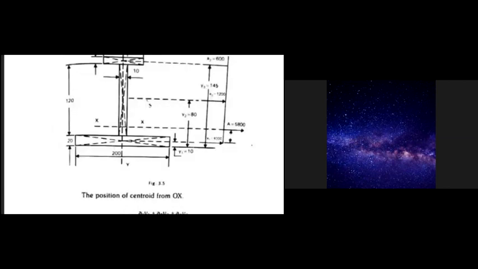We learned what is center of gravity and what is centroid, and the difference between center of gravity and centroid, and the standard formula for calculating the centroid of the composite section, and standard formulas for calculating the centroid of some standard sections, and we did some problems for calculating the centroid of composite sections, that is, centroid of T section, centroid of L section, and centroid of I section completed.